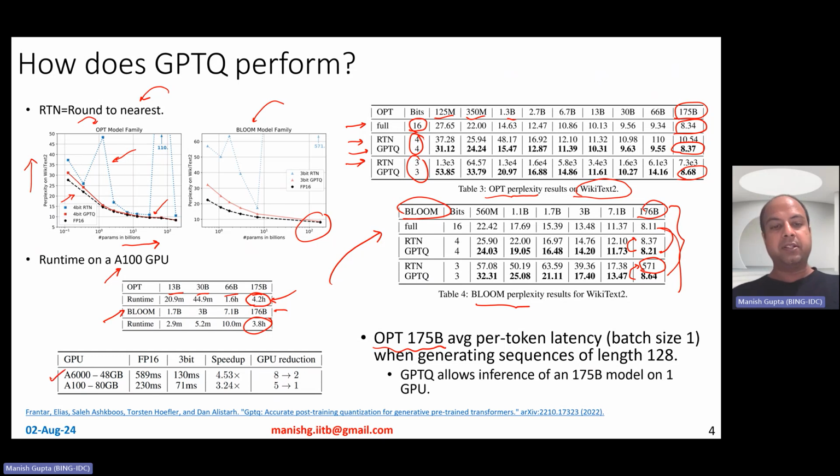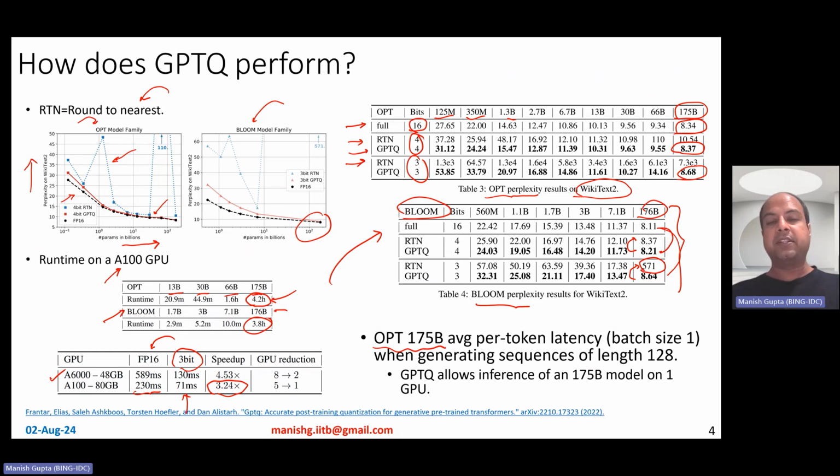The interesting part is that if you want to do inference with the FP16 model, it takes 230 milliseconds. However, with a 3-bit quantized model, it gives you about 71 milliseconds of inference latency, which means there is a speedup of 3.24x. So, high speedup without much loss in accuracy. Because of this quantized model, you can of course do batching nicely.